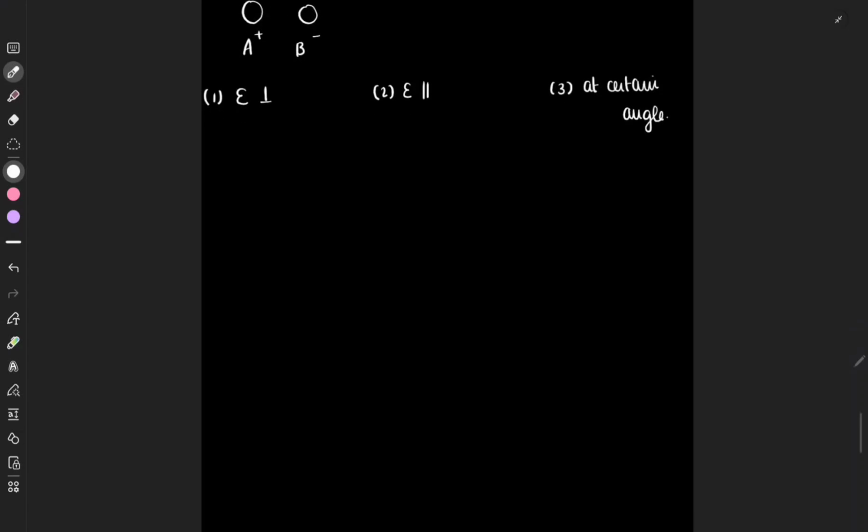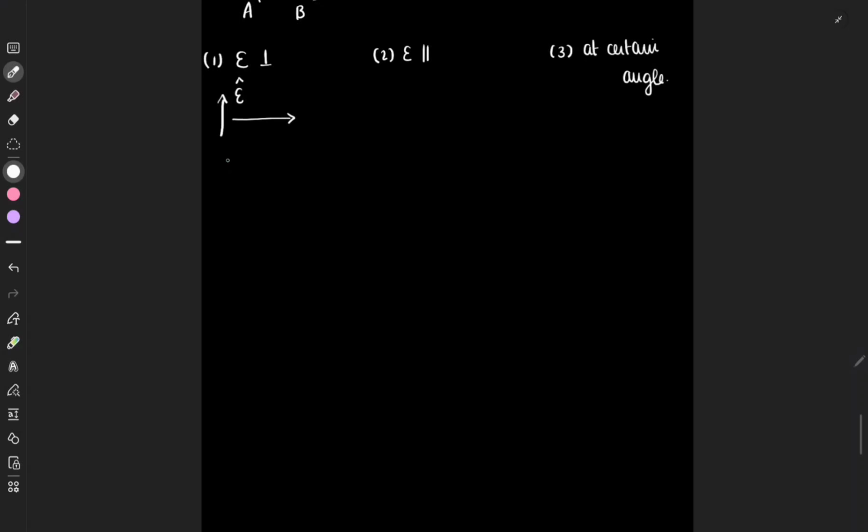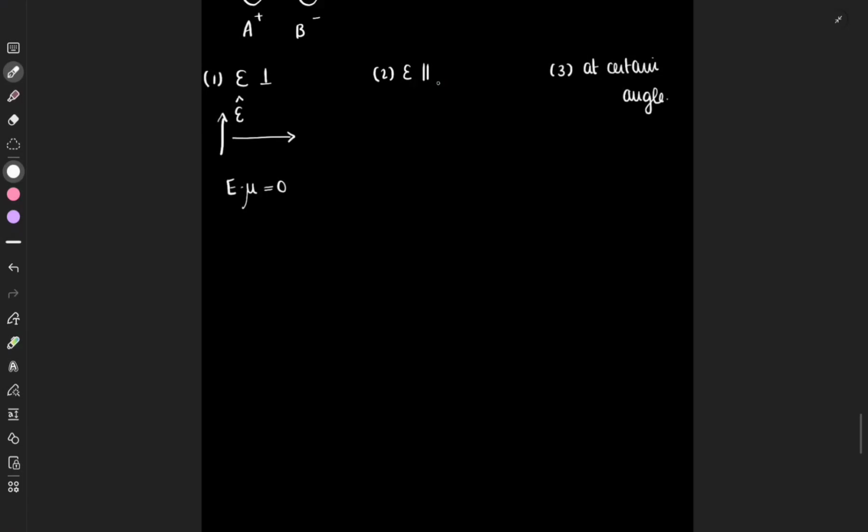If E is perpendicular, so it's like this, nu is this direction and epsilon is like this, then E dot nu is 0. So what this means is that under this condition, the molecule will not absorb light and there is no transition. But if this is parallel to nu, then E dot nu is not equal to 0.